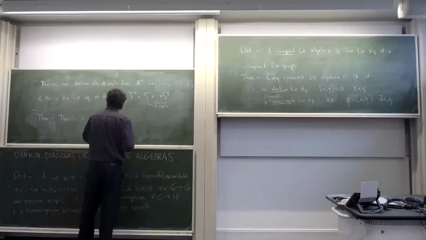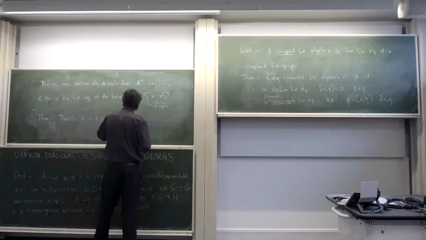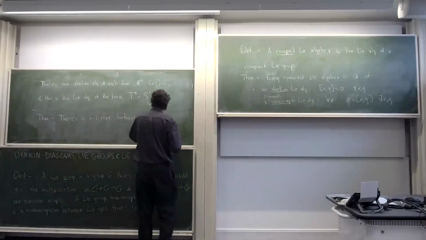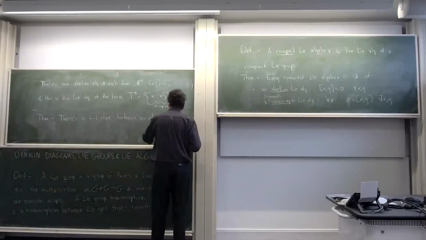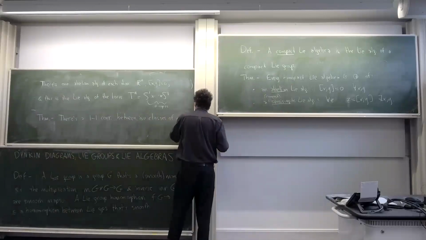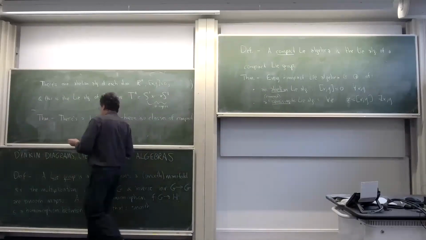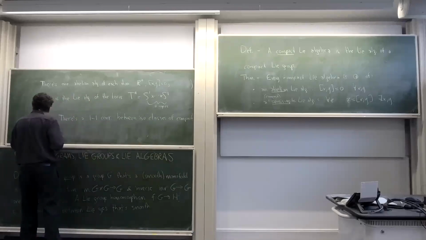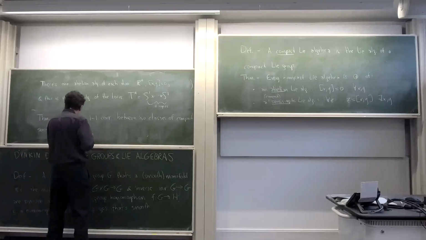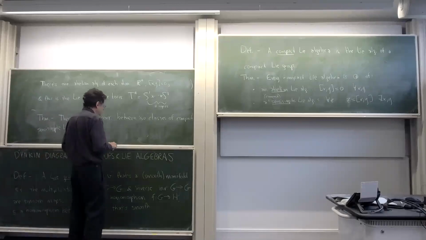More precisely, there's a one-to-one correspondence between isomorphism classes. You always classify things up to isomorphism. Isomorphism classes of compact semi-simple Lie algebras and Dynkin diagrams.